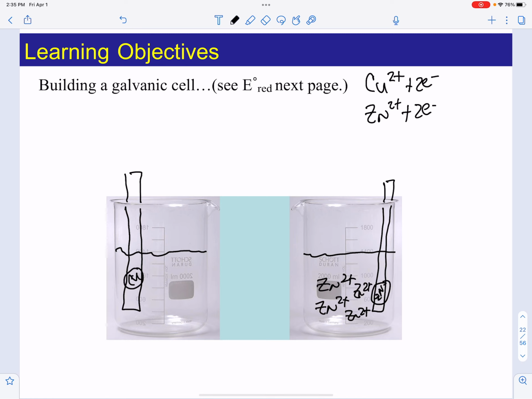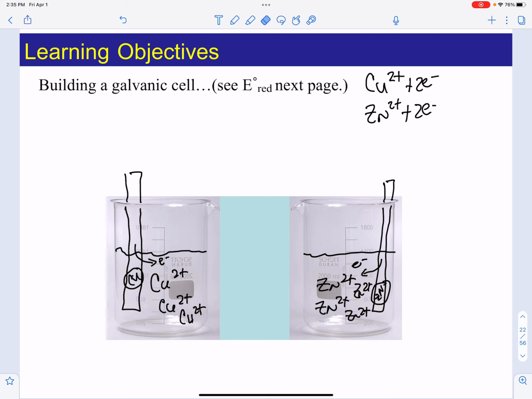If this is copper, my solution is going to contain the cations of the copper. And like we mentioned before, if copper is the weaker one, then the electrons are going to come that way. If zinc is the weaker one, then the electrons are going to come that way.